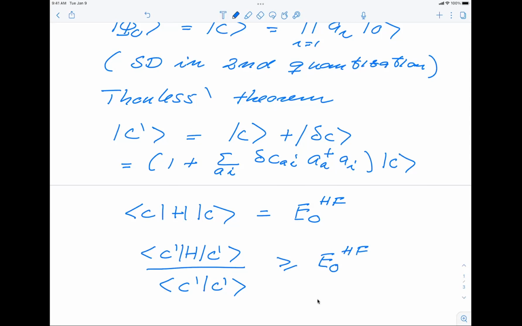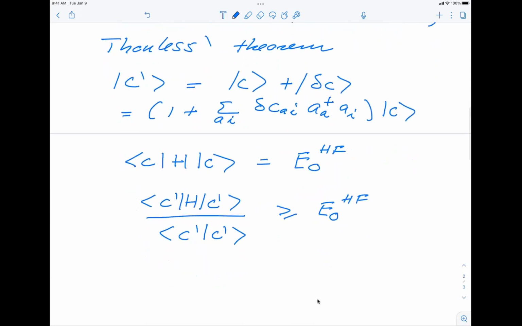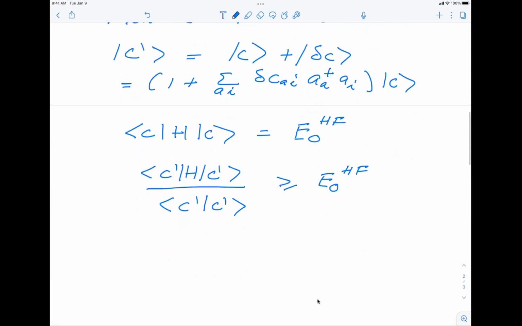So the stability criterion is now going to require that this general Slater determinant gives us an energy which is either equal to the minimum which we have, the local minimum, or larger than the local minimum. These types of equations are the ones we are going to use now. And the way we are going to run through these calculations is to look at the variational principle.